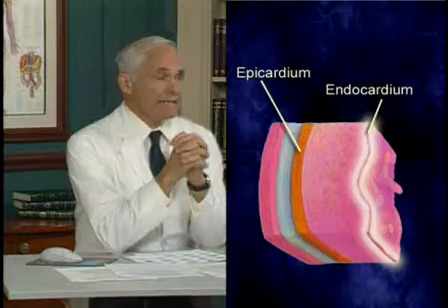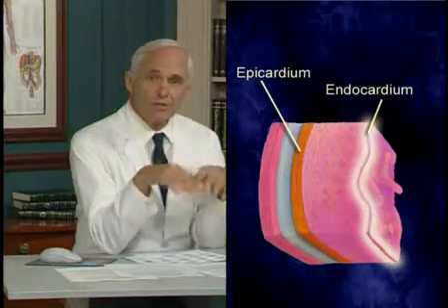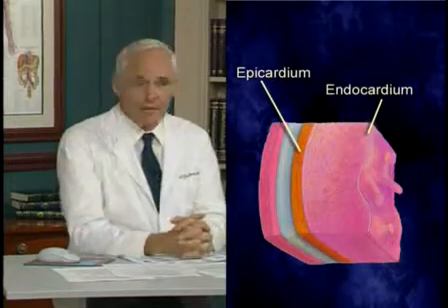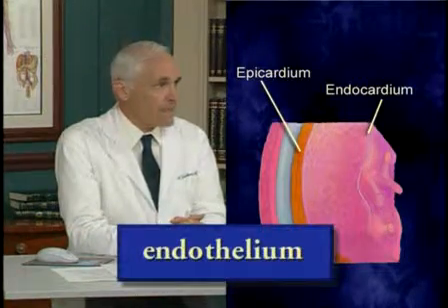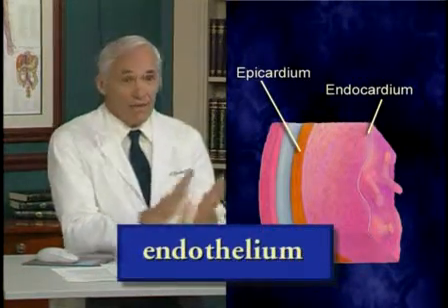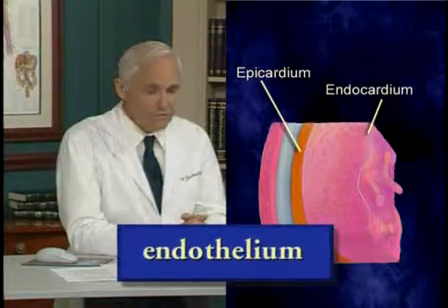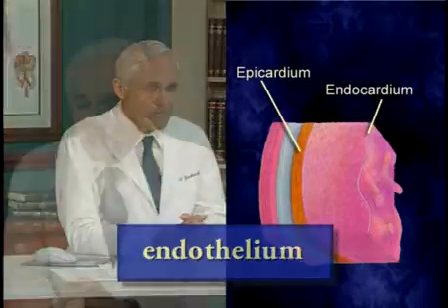This layer is continuous with a layer that goes right out into all the vessels, which we'll talk about later, called the endothelium. And the endothelium merely is the endocardium, where it goes out into the vessels and becomes the covering of the vessels for the very same purpose.